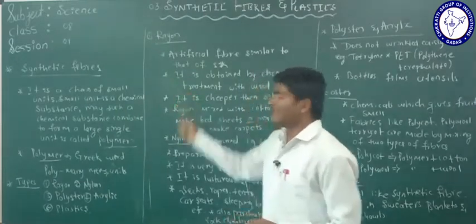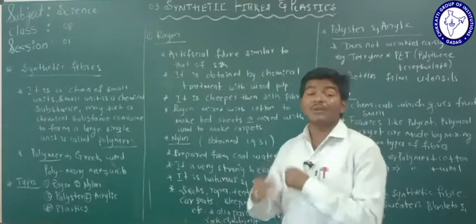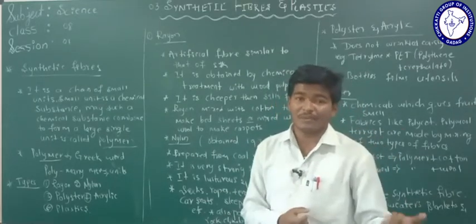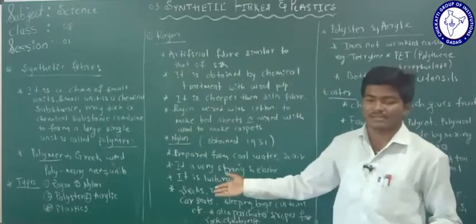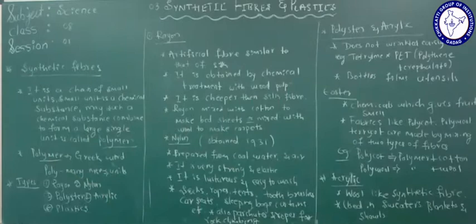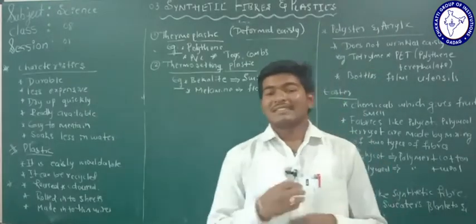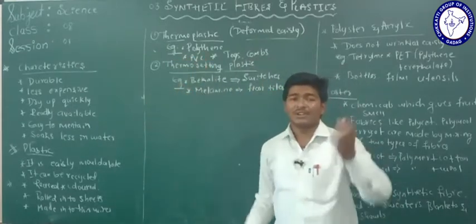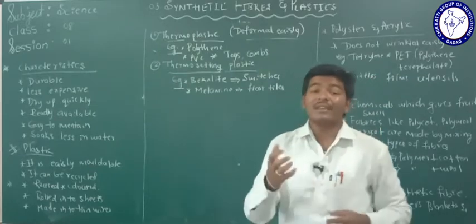So why are we going to use these synthetic fibers? Why do we replace natural fibers with synthetic fibers? Because of the characteristics of these synthetic fibers. Man always tries to get everything very easily.